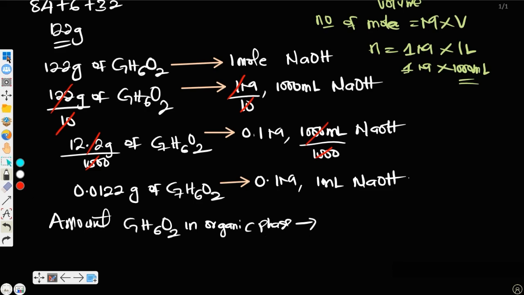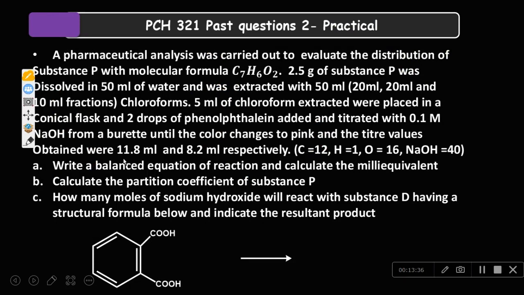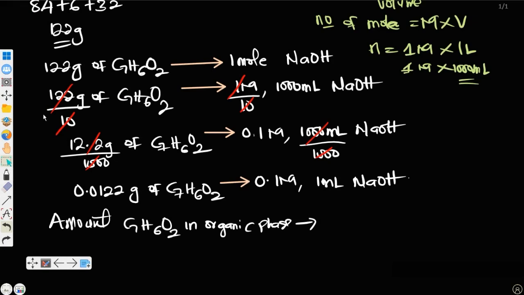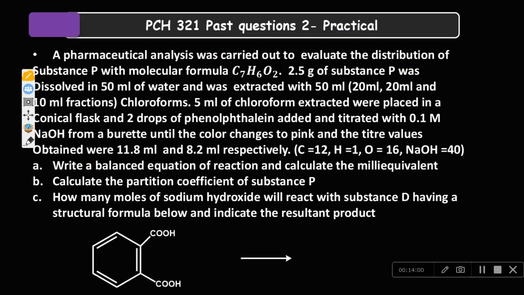Now, you are going to come back to the titer value. What did I say titer value for organic phase should be? 11.8 ml, because they say the titer values were obtained. For the organic phase, I'm going to take 11.8 ml. Alright? So you come here and say, for the organic phase, if 0.0122 gram of this reacted with 1 ml of sodium hydroxide, the organic phase is what? 11.8.